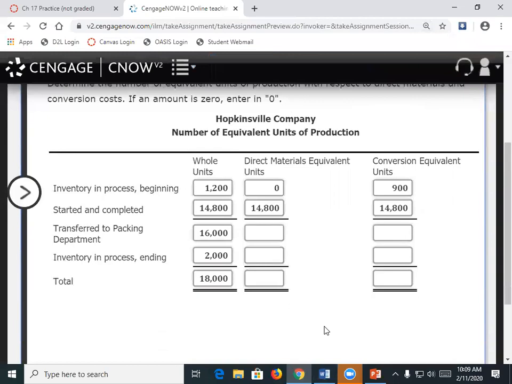Started and completed are always 100%. And then on the next line, transferred to packing department, I'm just adding those two. For materials, it would just be the 14,800. And for conversion, 900 plus 14,800, or 15,700.